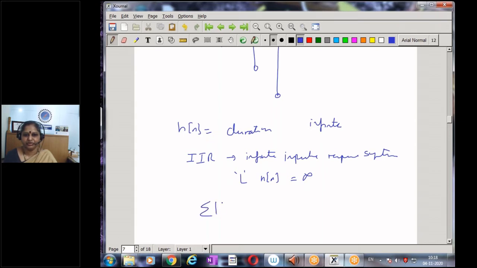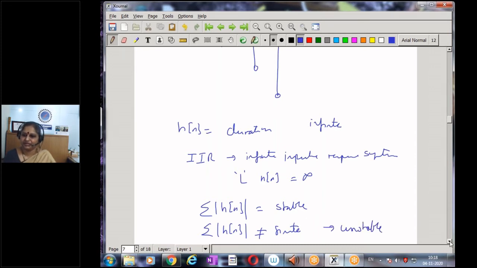So if the impulse response is absolutely summable, then we have a stable system. On the other hand, if my impulse response is not finite, then we have an unstable system.